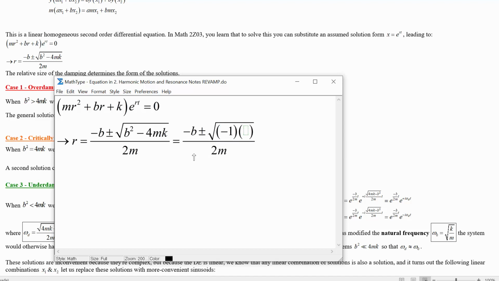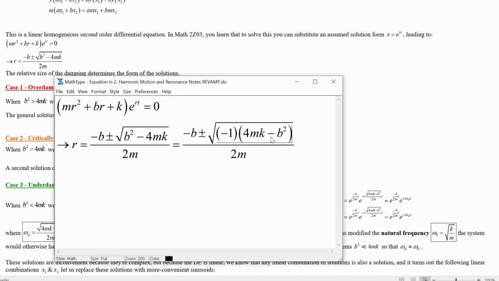So if we factor out a negative 1, 4mk minus b squared is what we'll have left inside, and this is a better way to write it, because then you've got a positive term here and you can explicitly factor out the negative. So the root of negative 1 ends up just being i, the imaginary number, and then this is a positive thing under the root.